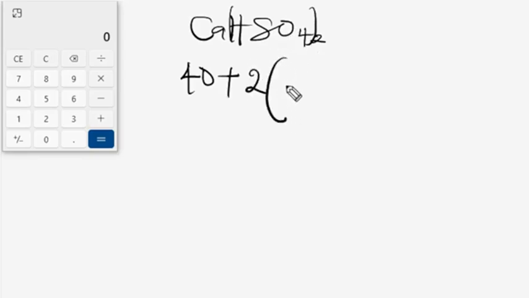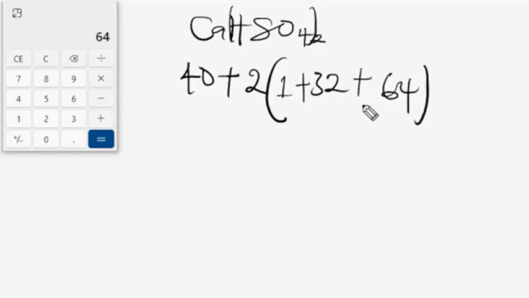So let's do 2 brackets. H is 1 plus sulfur is 32 plus oxygen is 16 times 4 here will be 64.